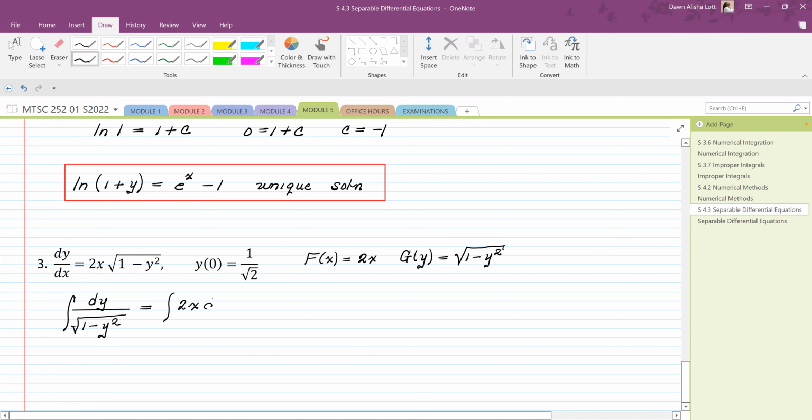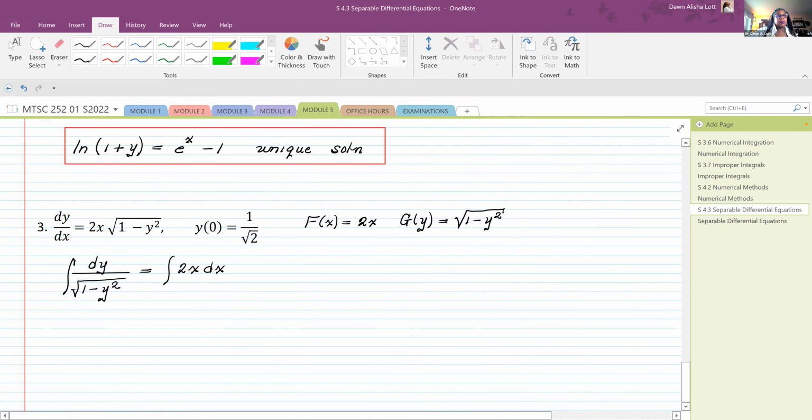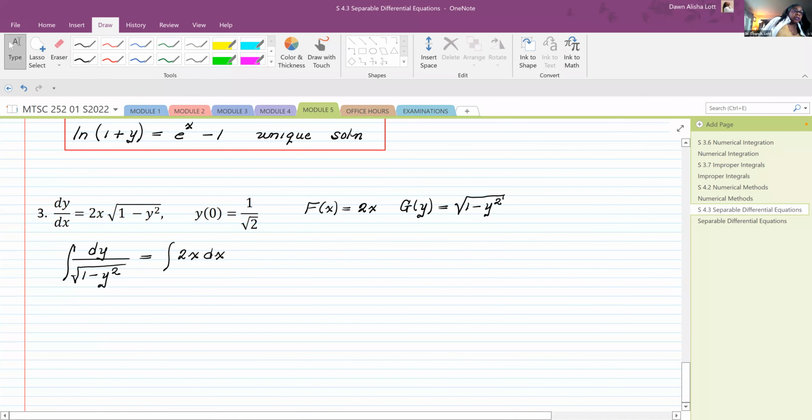Thank you, excellent. Everybody see that? So we split it up making use of differentials. We move all the x's to the right and all the y's to the left. All right, so now it's time to integrate.